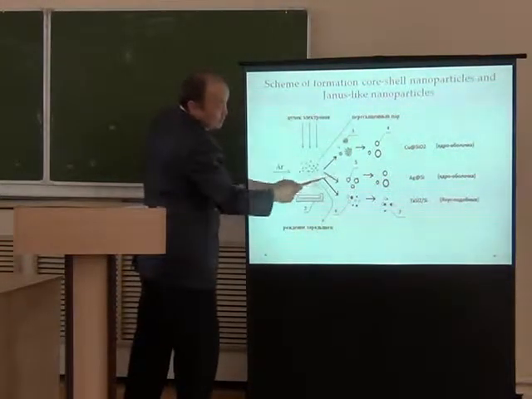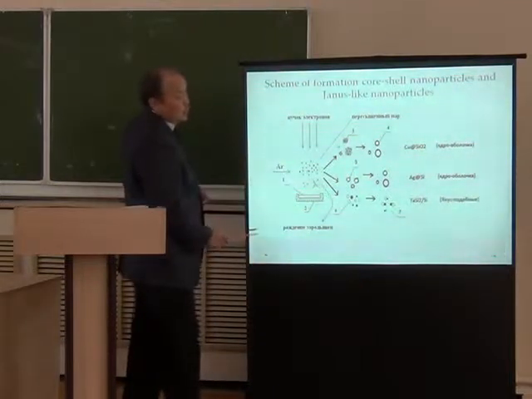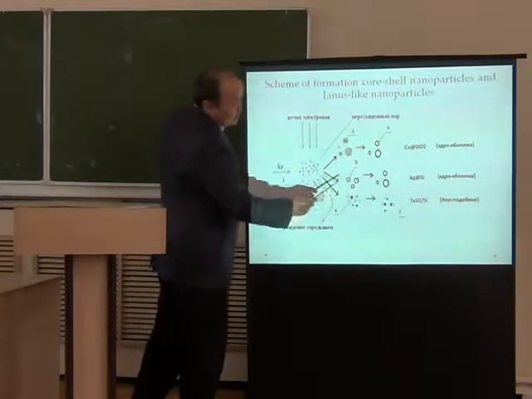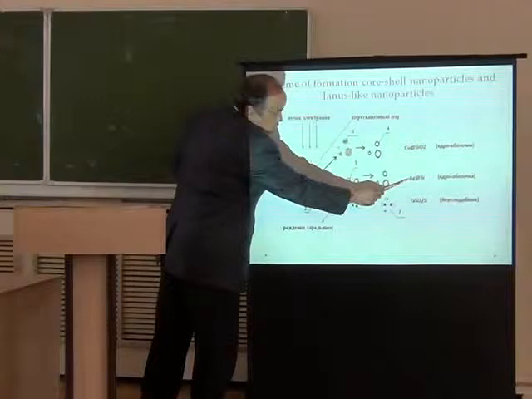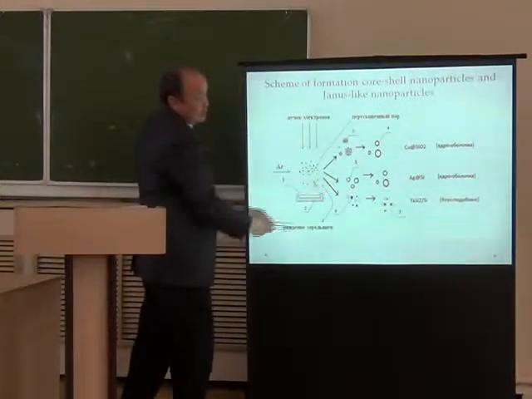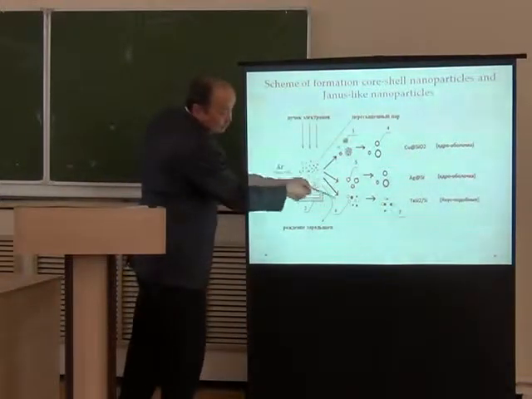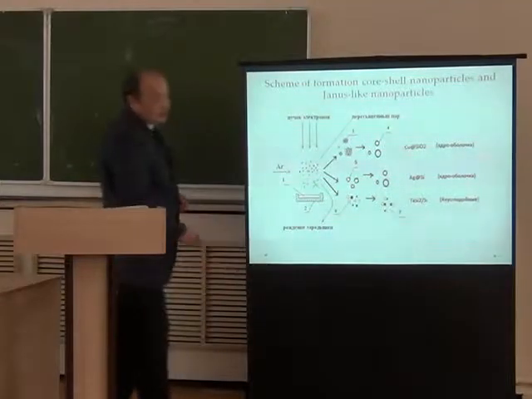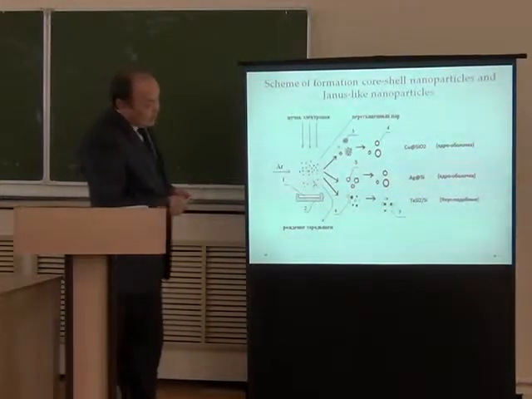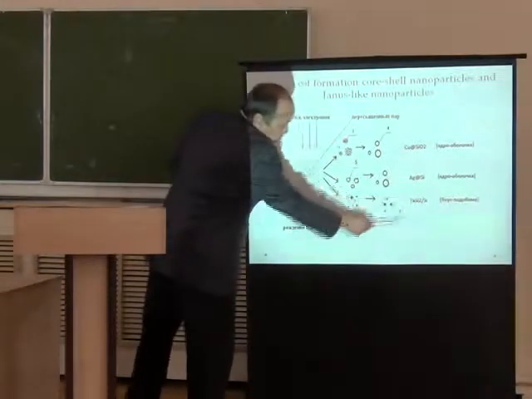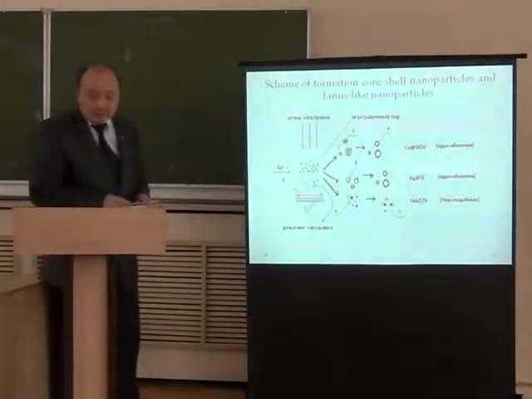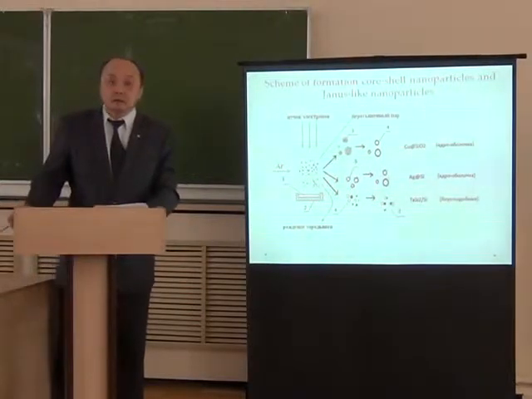There are two ways of formation of core shell structure: copper and silicon dioxide, and silver and silicon. And the third way, we can see the formation of Janus-like nanoparticles. Do you understand?